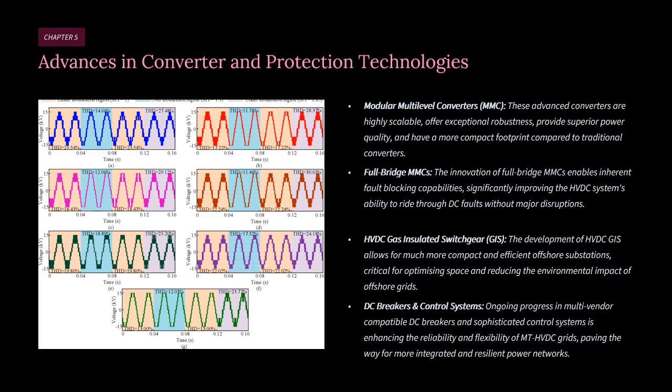HVDC gas insulated switchgear in offshore substations is critical in saving space and reducing the environmental impact of offshore grids. DC breaker and control systems, ongoing progress and multi-vendor integration are needed for MT grids, paving the way for integrated, resilient power networks.